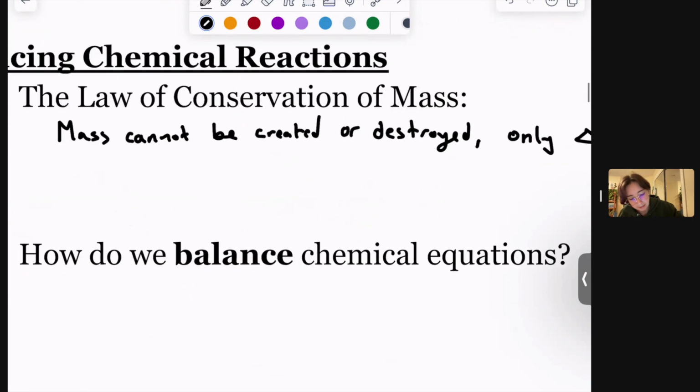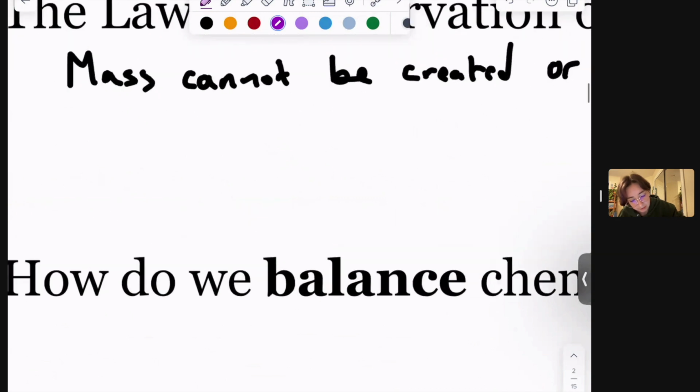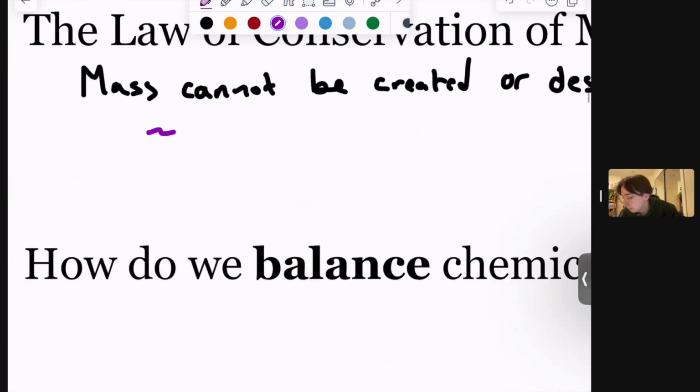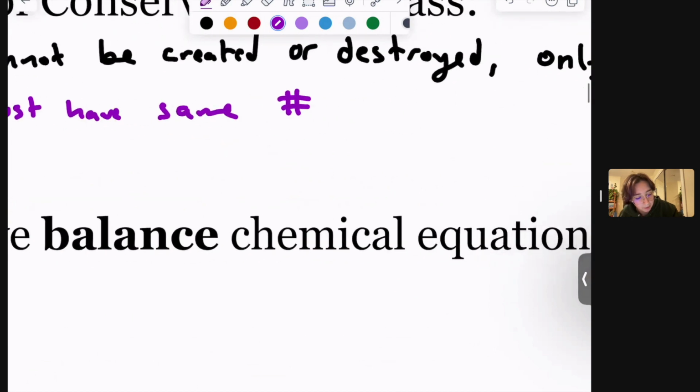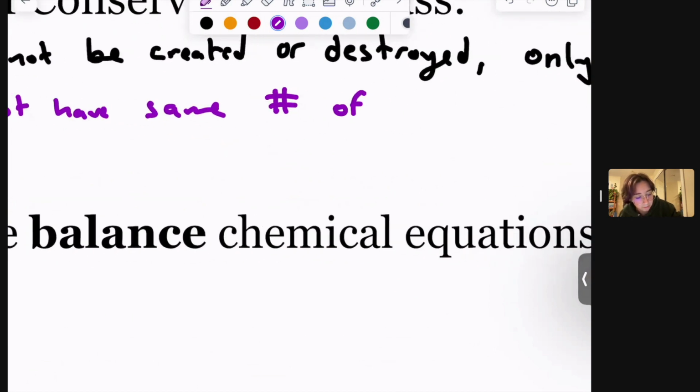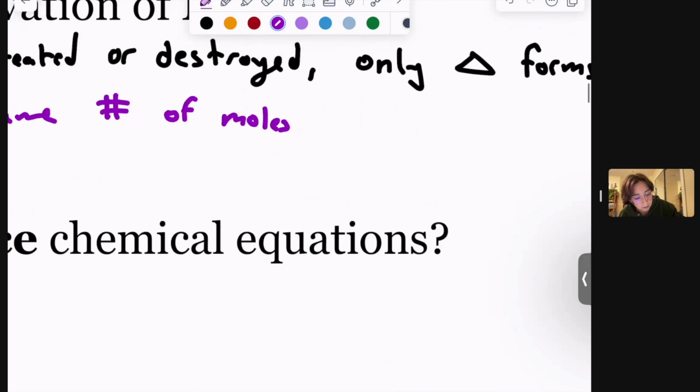So what this means as I'm writing my reactions is that you must have the same number of moles, same number of atoms, of all atoms, of all substances. Yeah, I'll say atoms, I guess. Just get down to the root of it.